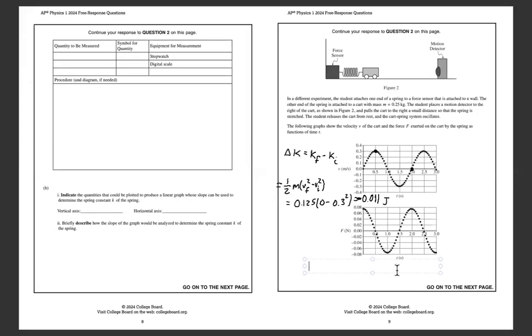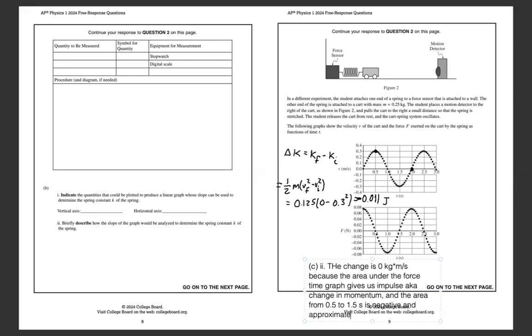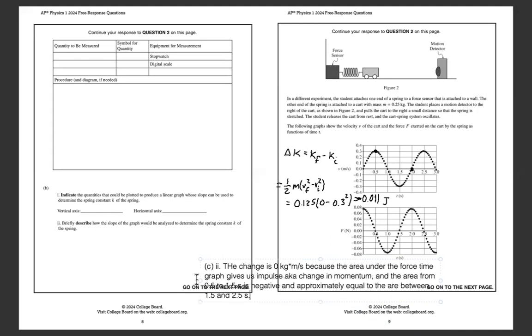So for C part 2, the change is 0 kilograms times meters per second because the area under the force time graph gives us impulse, aka change in momentum, and the area from 0.5 to 1.5 seconds is negative and approximately equal to the area between 1.5 and 2.5 seconds. There we go. So there's our 2 points for C part 2 then, right?